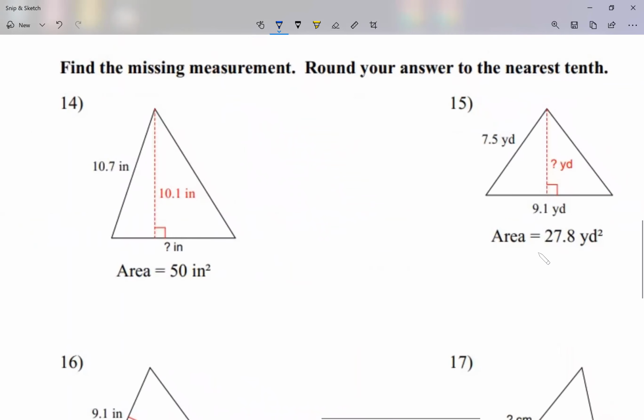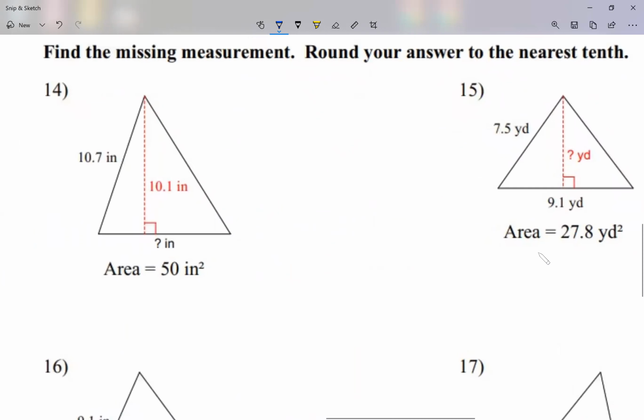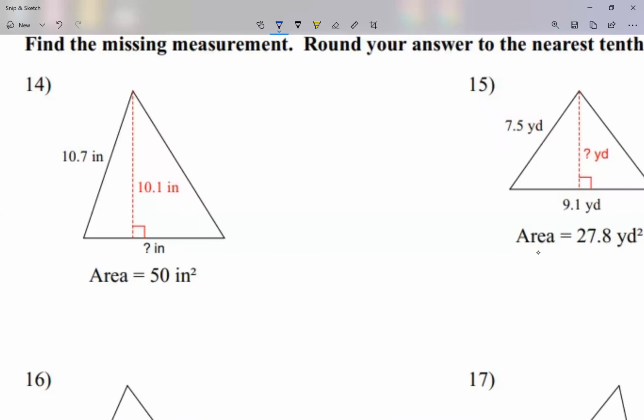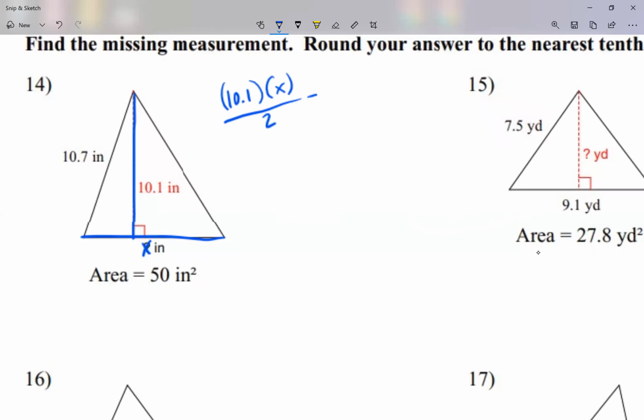All right, let's take a look at number 14. Find the missing measurement. Round your answer to the nearest tenth. So now we have to round to 1 decimal place. My 90-degree angle is made by 10.1 and x. That question mark, I call it x. So I'm just going to say 10.1 times x divided by 2 is going to equal 50, because the area is 50.